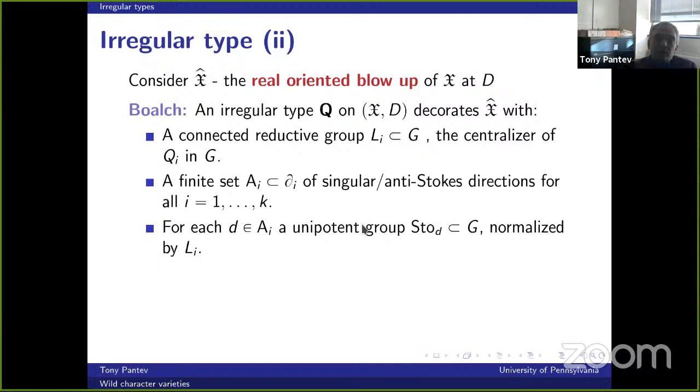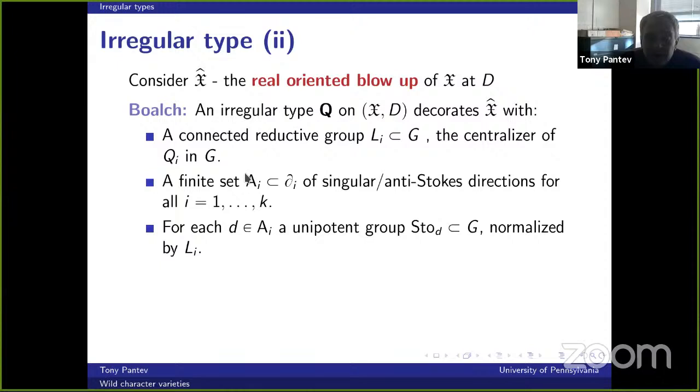So if you fix the irregular type and you study the asymptotics of convergent solutions of your connection near the puncture given by that irregular type, you get this data. So you get a reductive group, you get breakage of the boundary circle into arcs, and for each point that breaks the circle into two arcs, you get a unipotent group that normalizes that reductive subgroup.